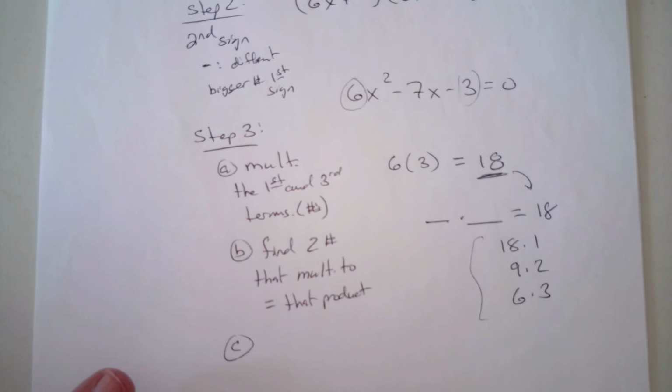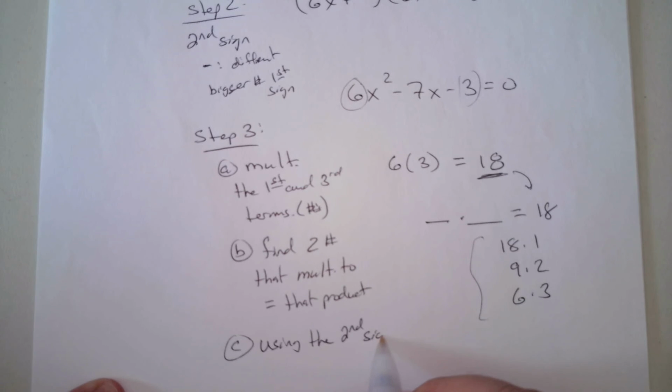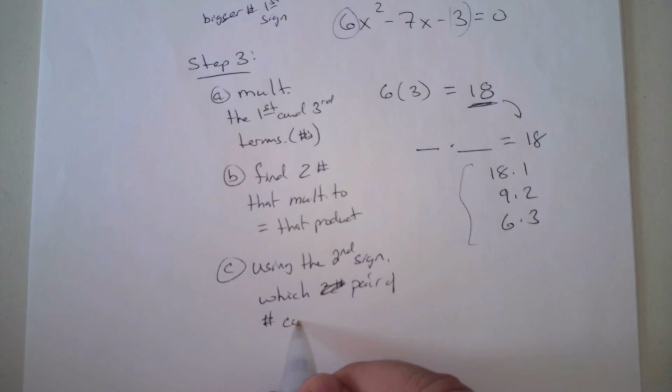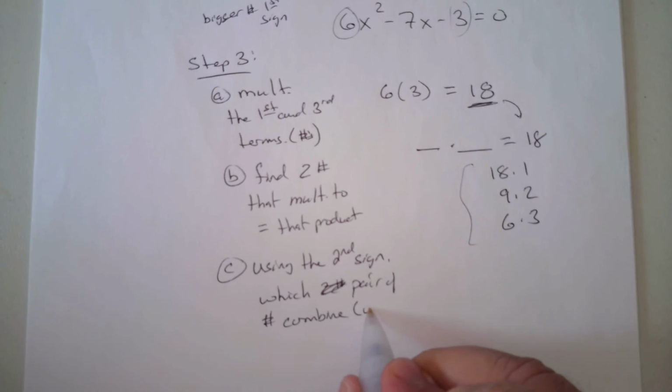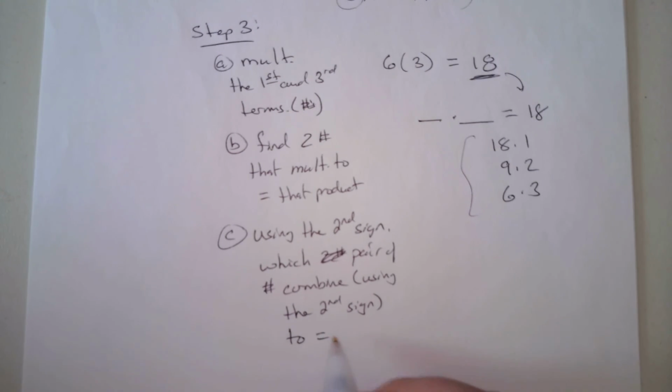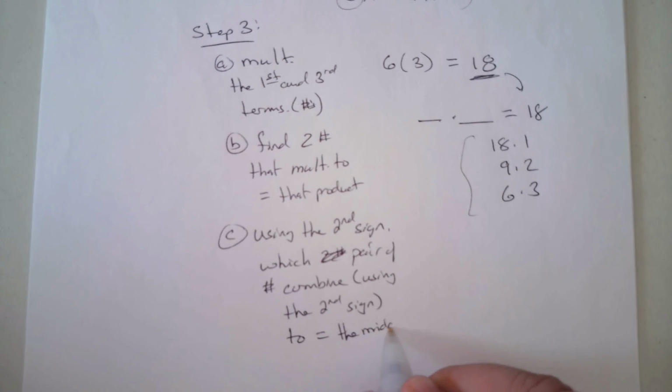And now we do the same thing as last time. Using the second sign, which pair of numbers, I should say, combine using the second sign to equal the middle number?